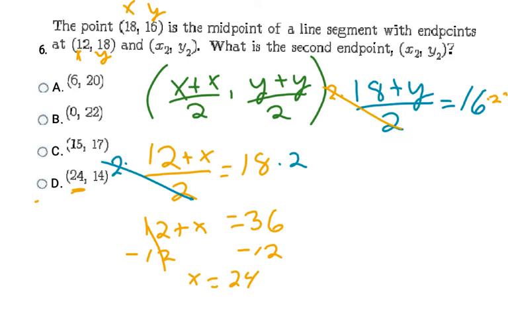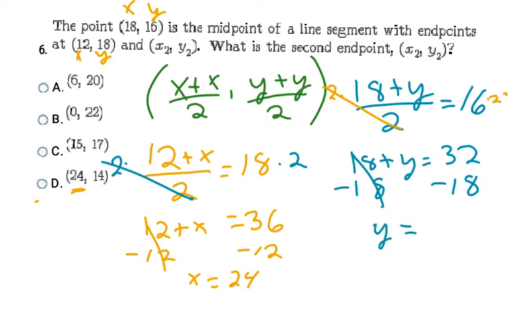These 2's cancel, and I'm left with 18 plus y equals 32. Then I'm going to subtract 18 from both sides. These 18's cancel, and I'm left with y equals 14. And that is going to give me that answer D that I was hoping for.